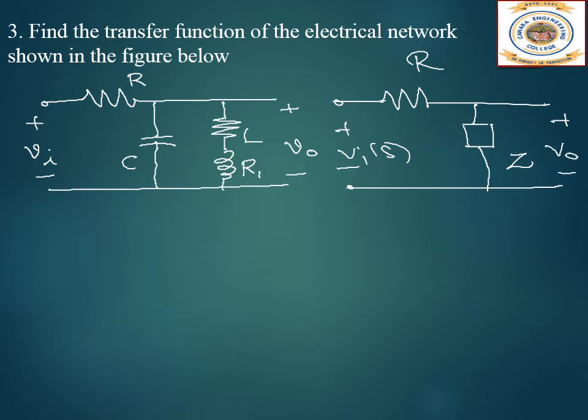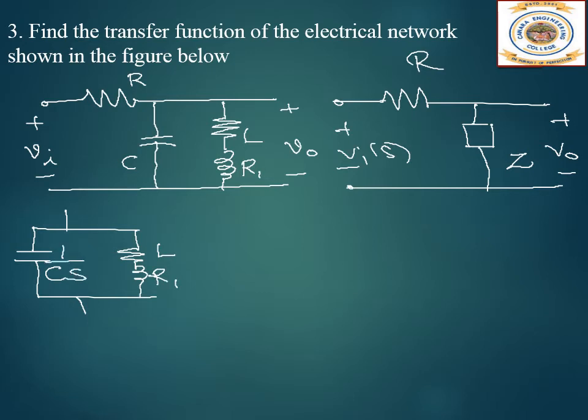So Z is, we have here C, L and R1. These are in parallel. So I can write this as 1 by Cs and L into S in the Laplace domain. So let us find what this Z will be.